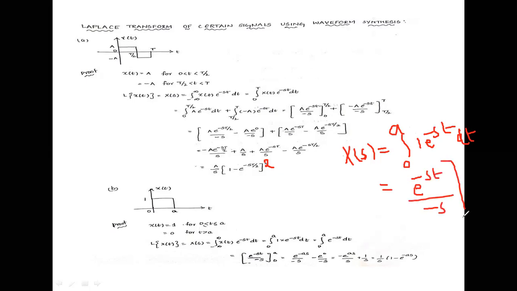And coming to the second one, b, a gated function given from 0 to a, the magnitude is 1, the signal x of t. So x of s is equal to, I'm directly writing the values from 0 to a, x of t is nothing but 1 e power minus st dt. What is the integral of e power minus st? It is e power minus st by minus s, upper limit is a and lower limit is 0.